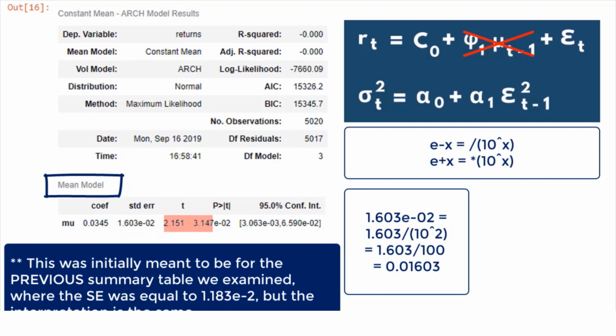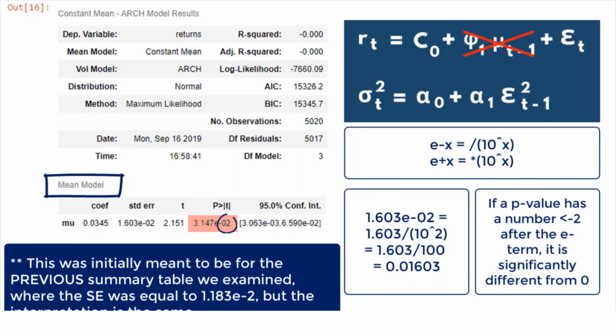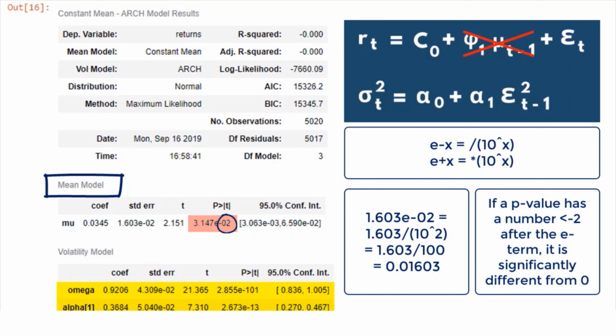Generally speaking, if a p-value has a number lower than negative 2 after the e term, it is significantly different from 0. Going back to the summary table, we notice that the mu coefficient is significant. Therefore, the coefficient value is the baseline we use to determine the residuals for the variance equation.